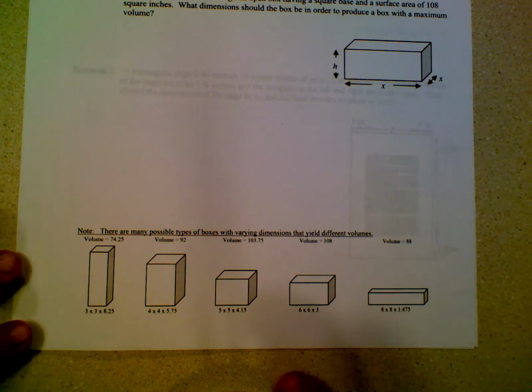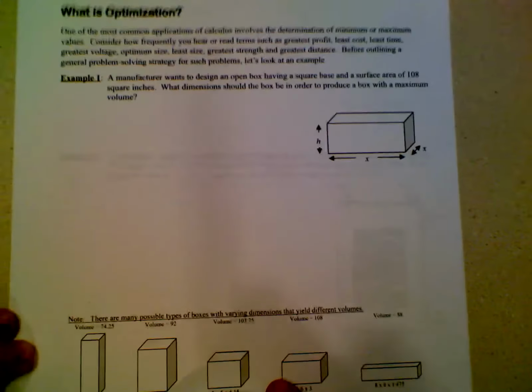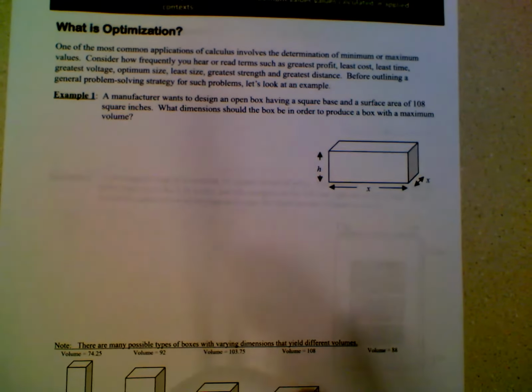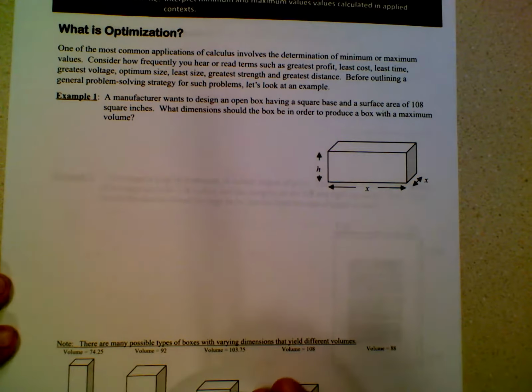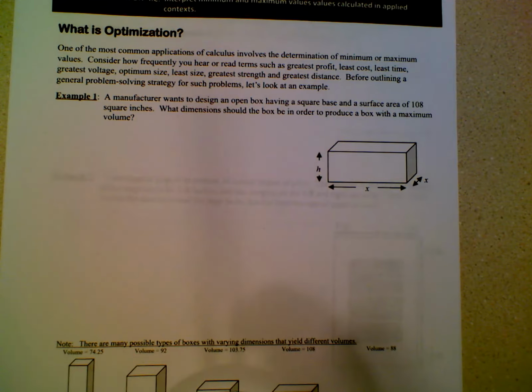And so we're just going to touch the surface on some optimization. Really what we're looking for are maximum and minimum values. And so that's why it's a strong application to the derivative, because the derivative helps us find relative maxes and relative mins. And so that's really what we're going to be using here today.